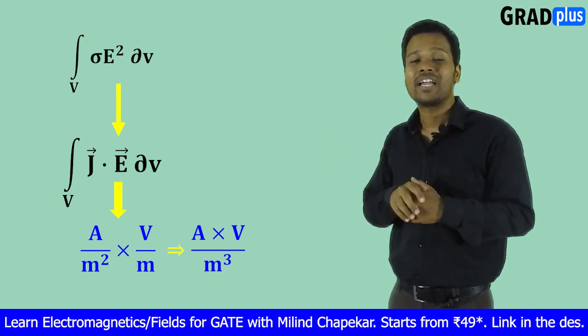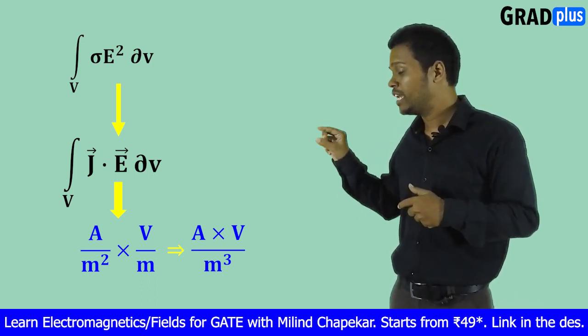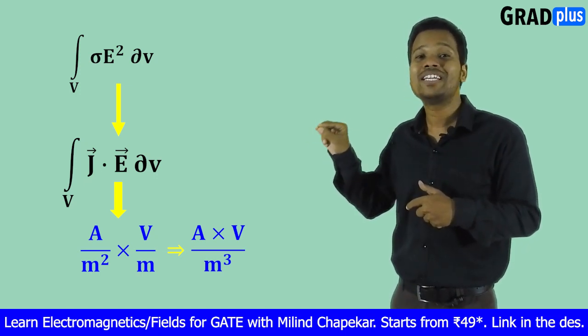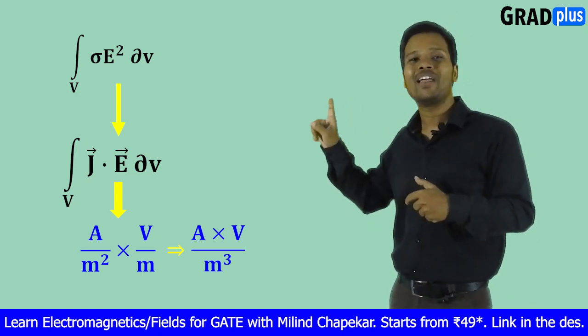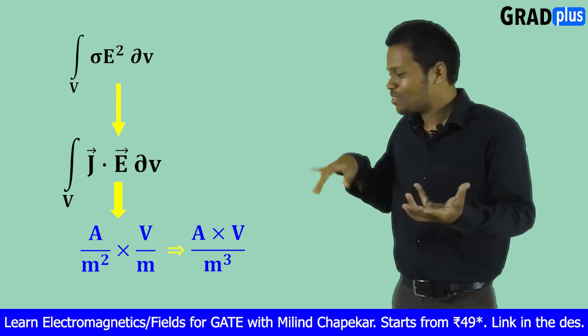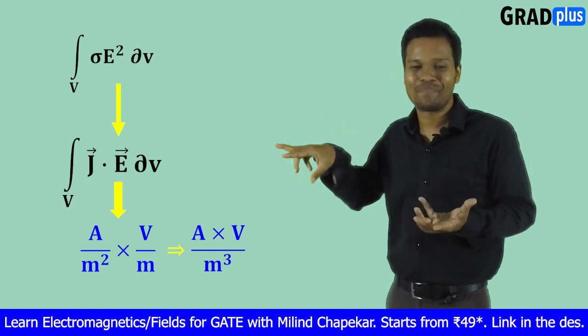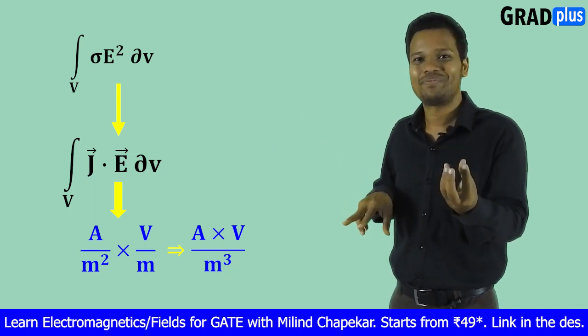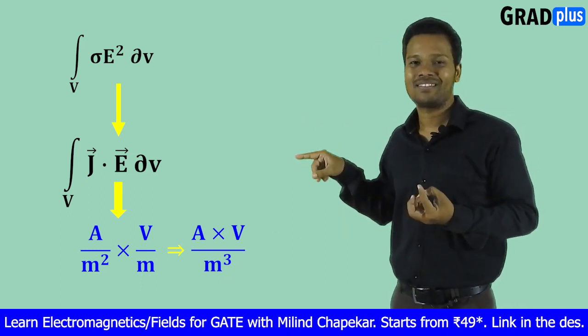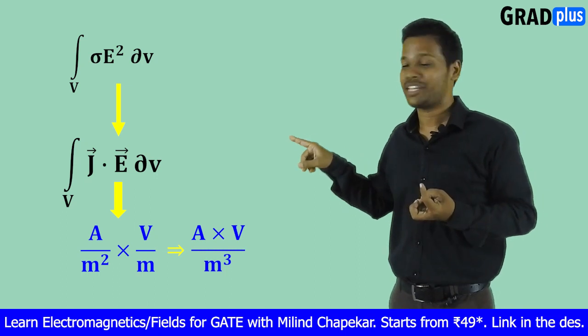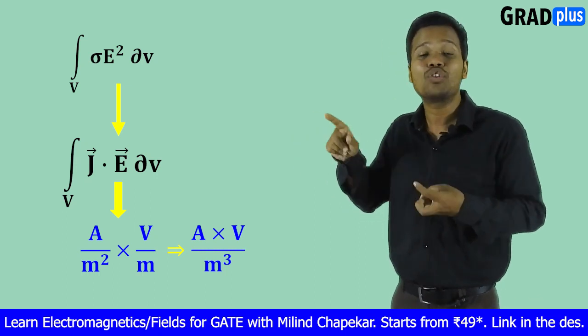And again it is under the volume integration, so dV, volume, has unit meter cube, and meter cube gets cancelled. So the complete unit of this term is analogous to ampere into volt, current into voltage.